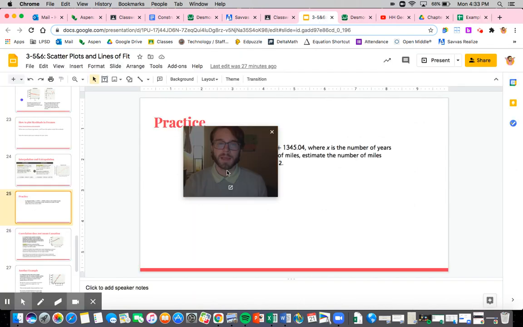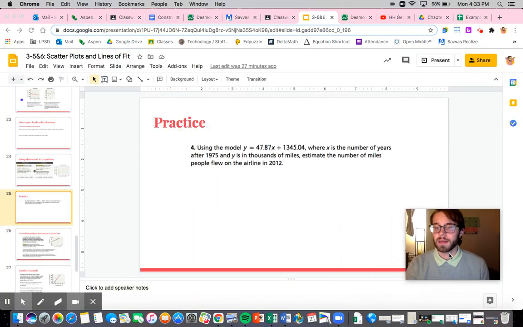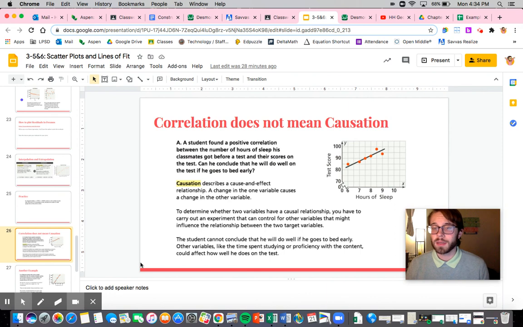The final thing I do want to talk about is not necessarily a mathematical thing that you have to do. We just need to be careful. Correlation does not mean causation. Just because there's a correlation between data points, that does not mean that your x value is causing your y value. Causation is a cause and effect relationship, where a change in one is explicitly causing a change in the other.